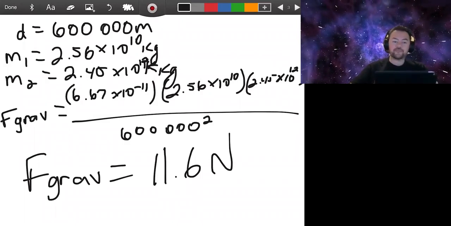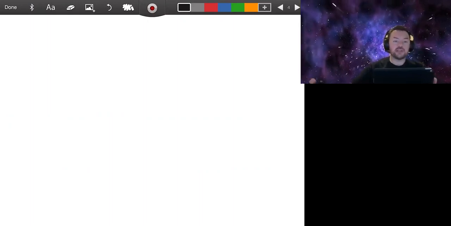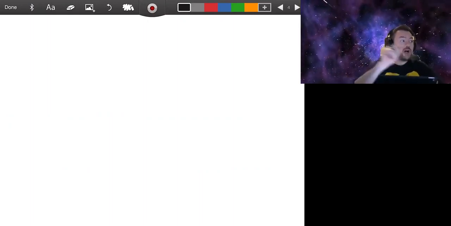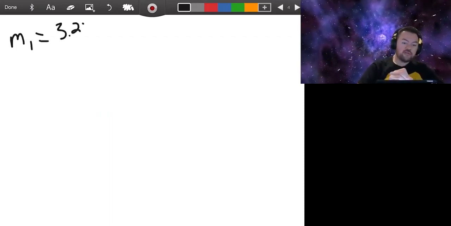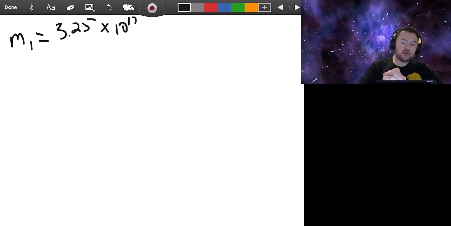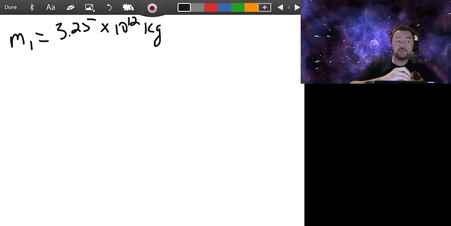All right, last problem. I know this is riveting watching all this. Not really, it's boring. All right, object 1 has a mass of 3.25 times 10 to the 12th kilograms. And it's 356 meters from object 2.